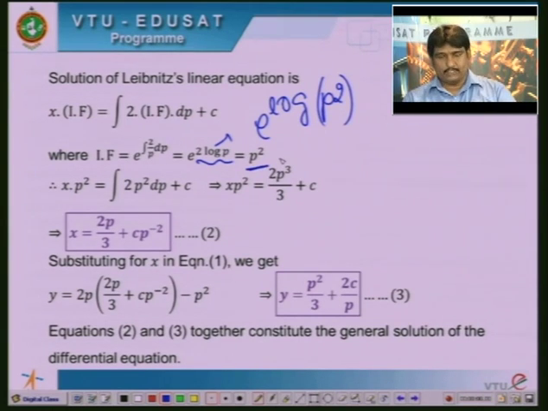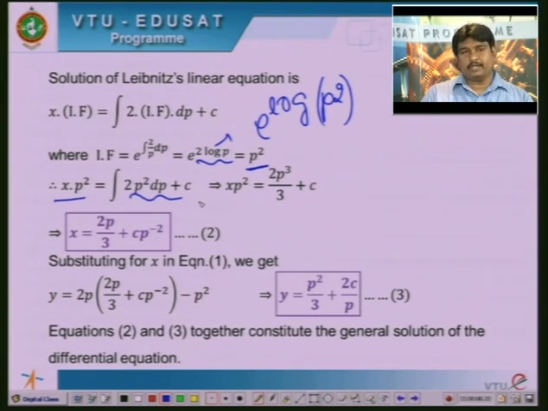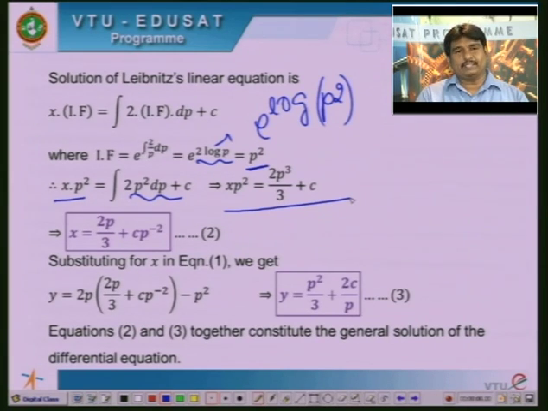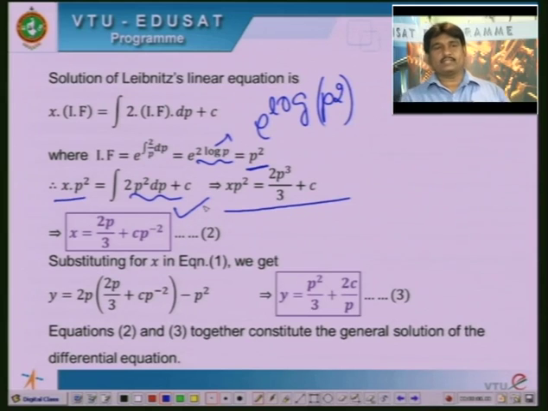So the solution is x into integrating factor, which is p square, equals to integration of 2p square dp plus c. Now integrate p square. Integral of p square is p cube by 3. After integration you get xp square equals to 2p cube by 3 plus c. Divide by p square to get x as 2p by 3 plus c into p to the power of minus 2.